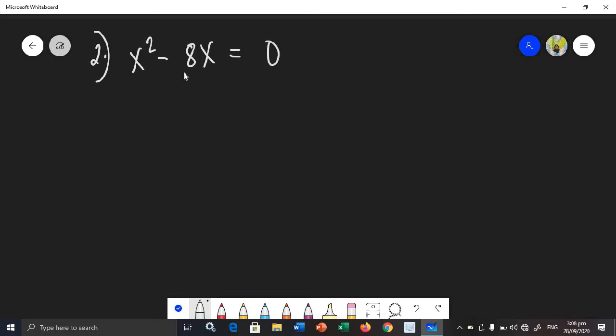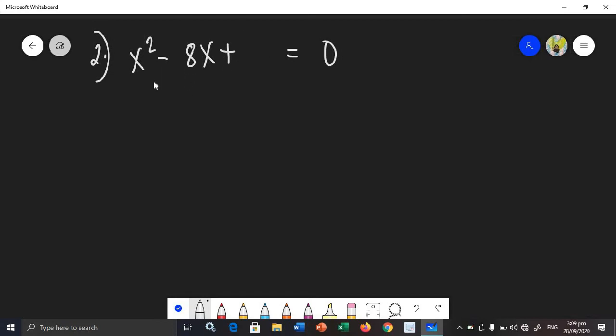Katulad ng sinabi ko kanina, we need to make this binomial into a trinomial by finding the third term. So, how can we find its third term? Always positive si third term, okay?